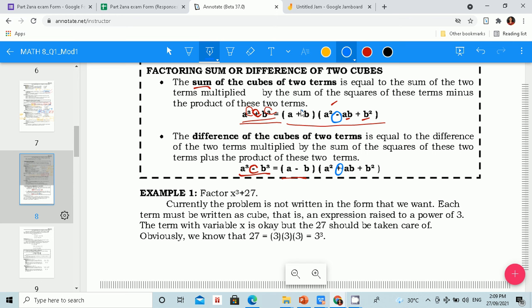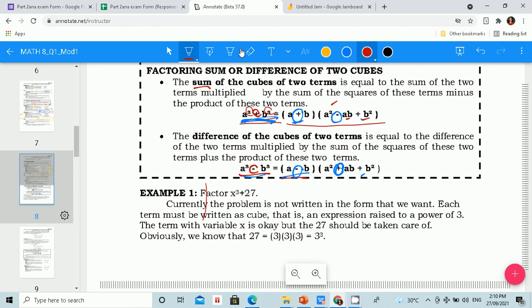Here is positive, here is negative. Positive because we just copy it from the original equation, and negative we just copy it from the original, then the operations change here. Okay, so just remember that one.